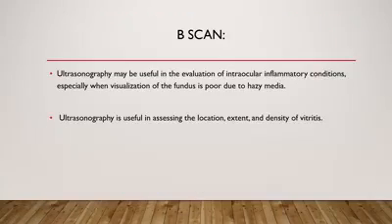What about the B-scan? As we mentioned in the beginning of the lecture, the B-scan is a very useful tool when you have opaque ocular media or hazy optical media, like corneal opacity or cataract.